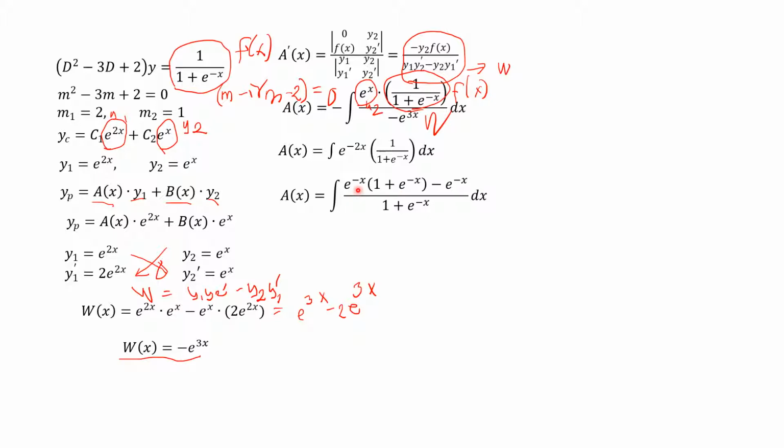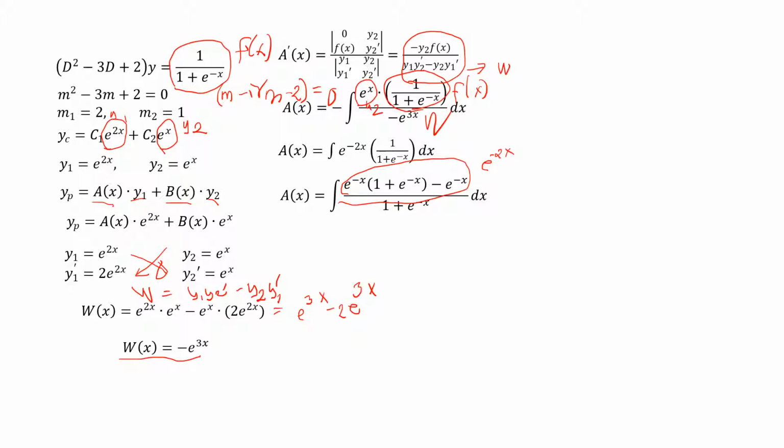Notice that this is the same as e to the negative x plus e to the negative 2x, and then you have to subtract e to the negative x. So this numerator is just the same as e to the negative 2x.